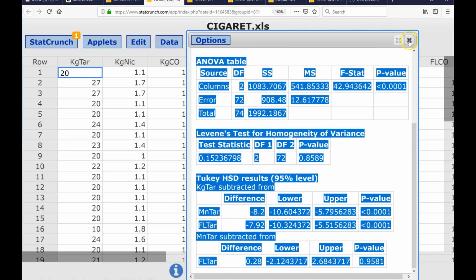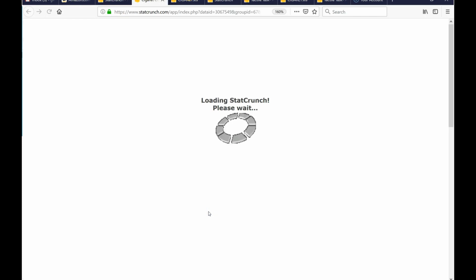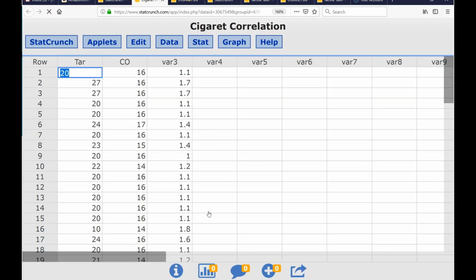Now, I'm going to go back to StatCrunch, and I'm going to go to cigarette correlation. It's right above cigarette. Cigarette correlation, click. What you'll notice, by the way, is this thing here is just simply nicotine.